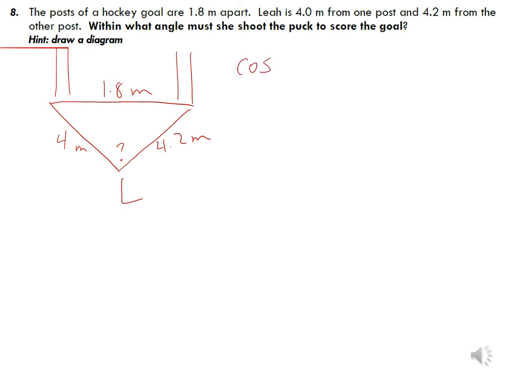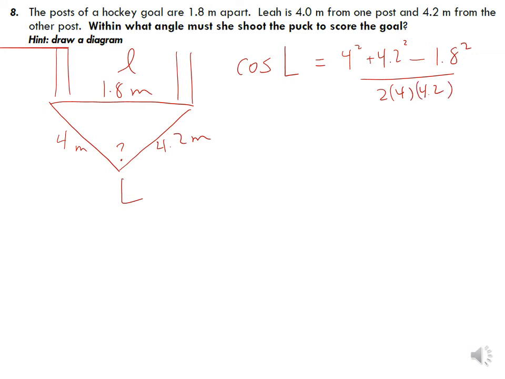Cosine law for angles, in this case L. And if you remember the pattern, if I start with L as my angle, on the back end when I subtract, that's side L. So minus 1.8 squared. And then it's just going to be 4 squared plus 4.2 squared divided by 2 times 4 times 4.2.